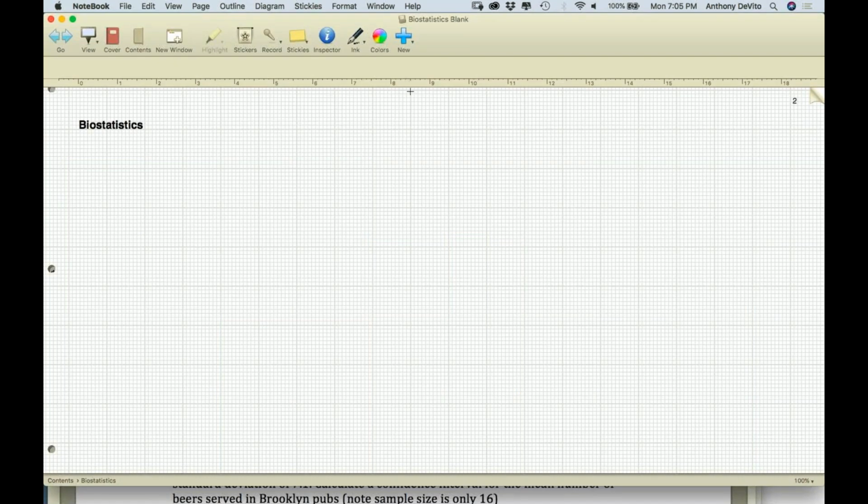Okay, so anybody remember what the numbers were? 496 over 1381. Okay, and that came out to be about 0.36. So P cap, our sample proportion, is equal to 0.36.